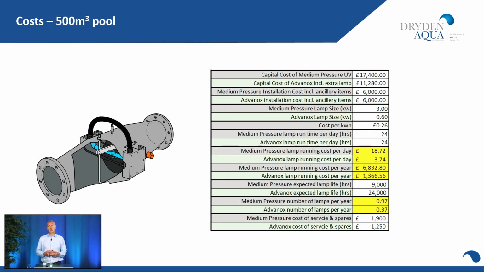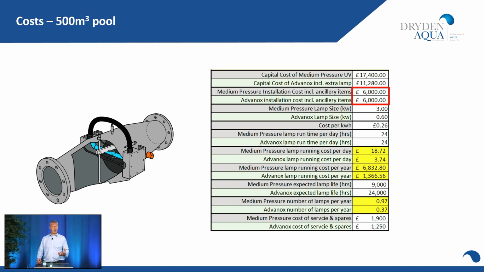I've put the installation costs of each to be the same, but the reality is the installation of an Advanox will be quite a bit cheaper because we don't need the stainless steel fittings on the inlet and the outlet of an Advanox.